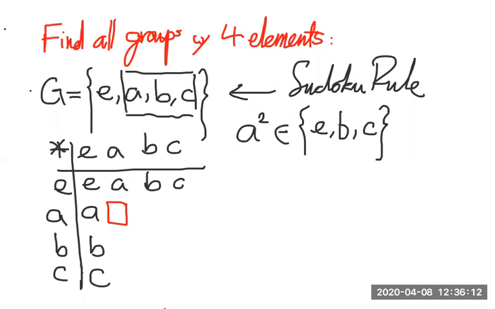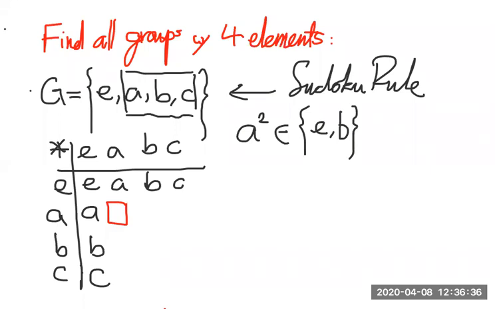So A, B, and C are just notations. At this point, there is no difference between B and C. So we can just say A squared can be B, because being B or being C, they're not different, really. There's still a symmetry between them.